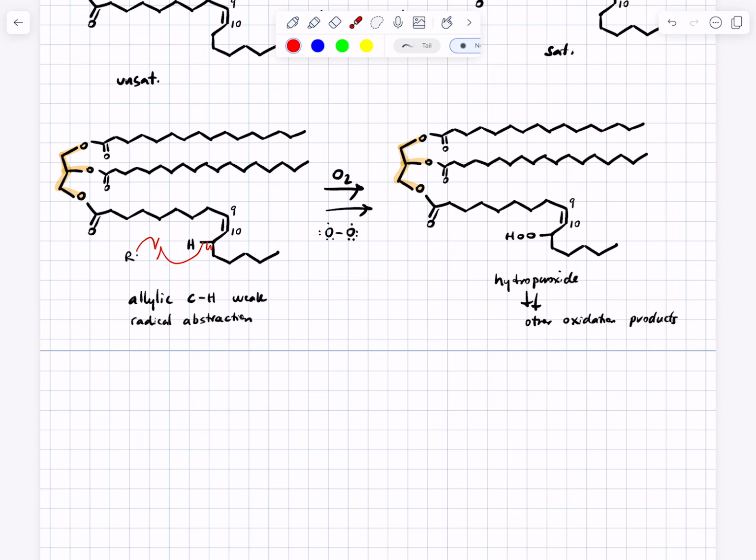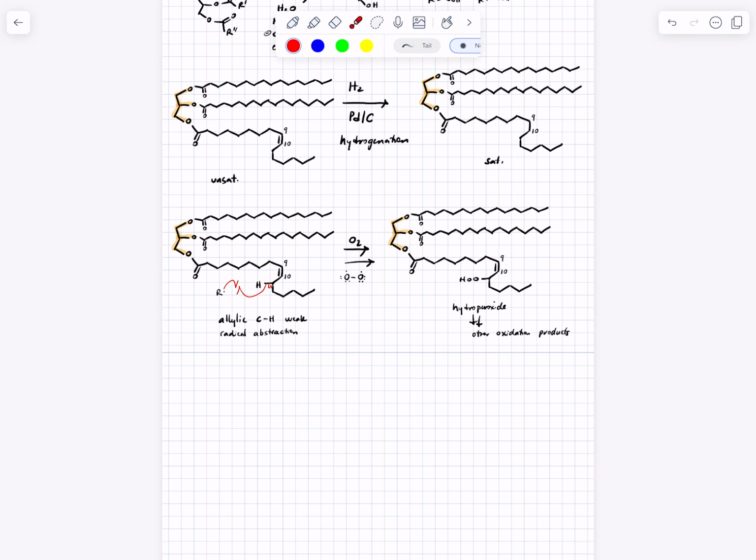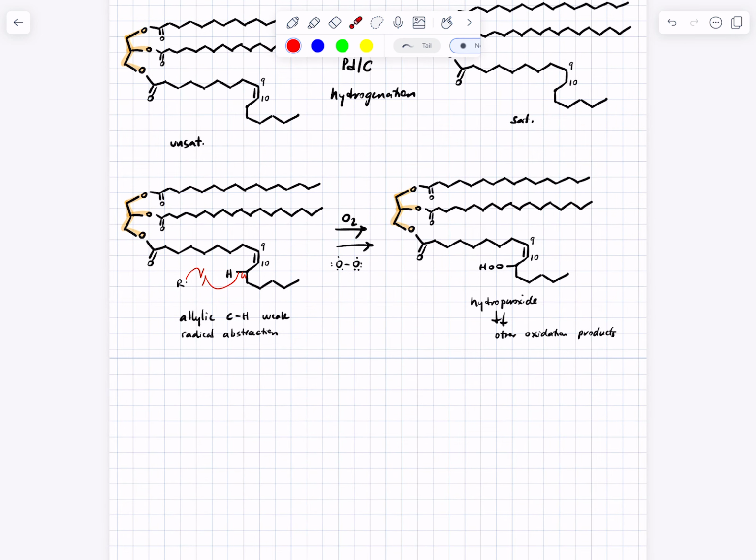But in any case, this is where oil rancidity comes from. All right, there's more we could say about fats and oils, but we should instead move on to talk about phospholipids. Lastly, I want to say the purpose of triacylglycerols or triglycerides in biology is mostly energy storage.